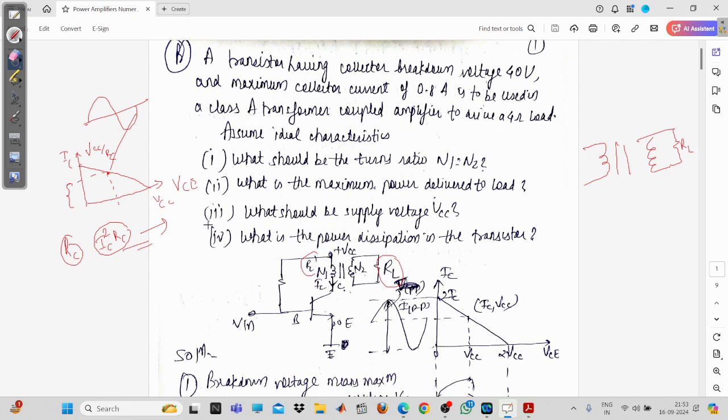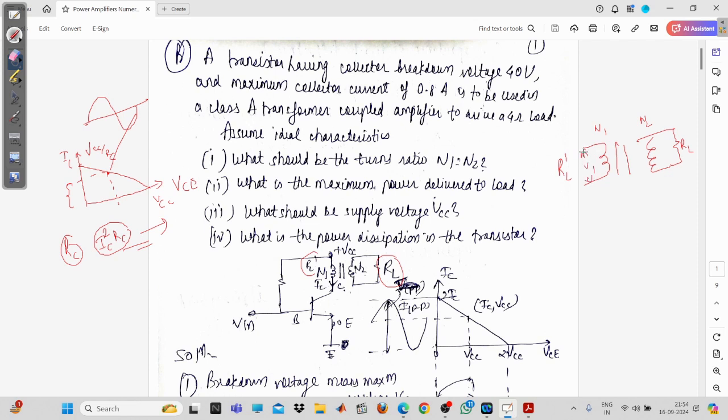But the entire configuration is in the primary, so it means that you will have to create a reflection on the primary side. So what will that reflection be? That reflection will be RL dash. This RL dash is now on the primary side. So we will write this is N1, this is N2, then this is V1.